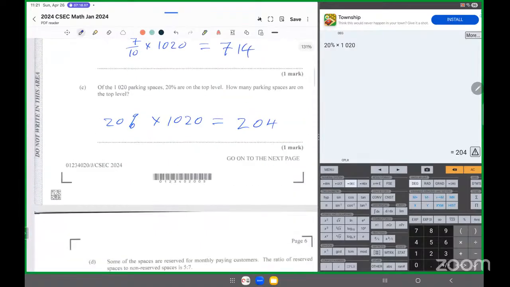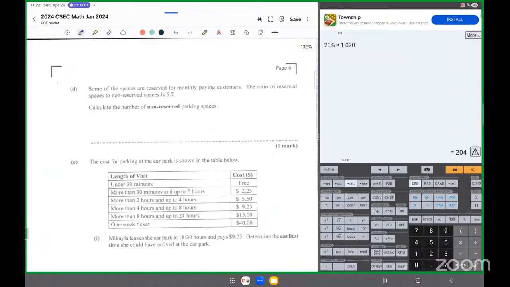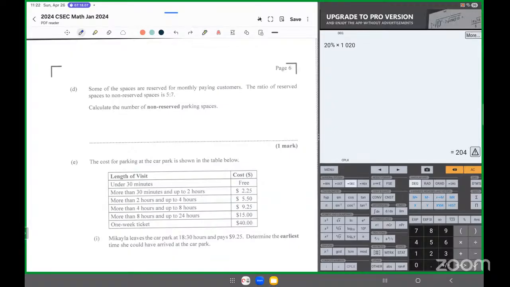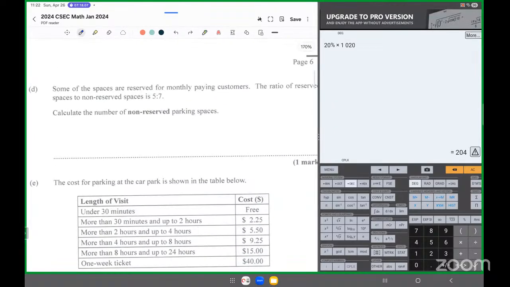Next question. It says some of the spaces are reserved for monthly paying customers. The ratio of the reserved spaces to the non-reserved spaces is 5 to 7. So the total space is broken down in the ratio 5 to 7.